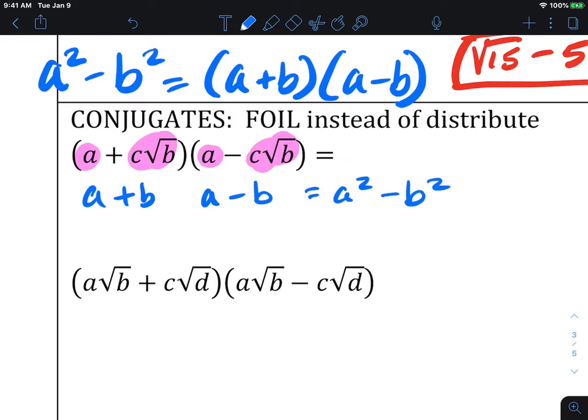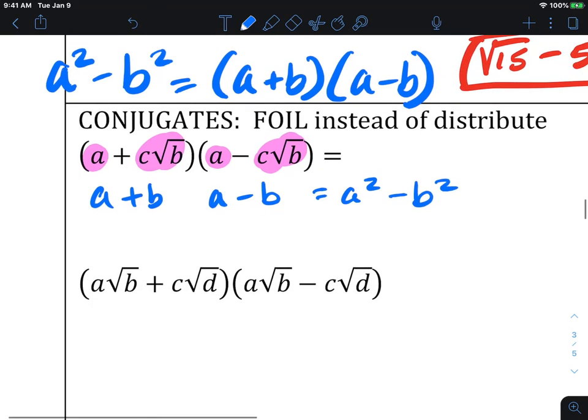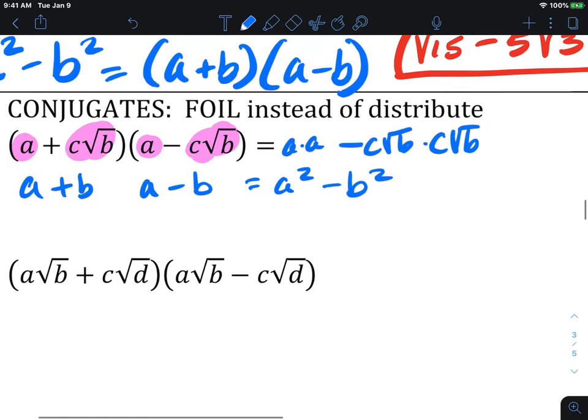So in this case, right, I got to be really careful though. What's my a squared? Well, my a is a times a. All right, and what's my b squared going to be? That's going to be minus, so remember it's going to always be minus because different signs, so the second term is going to be subtracted by c radical b times c radical b. All right, this is where you got to regroup things though and say, okay, c times c is going to be c squared, right?